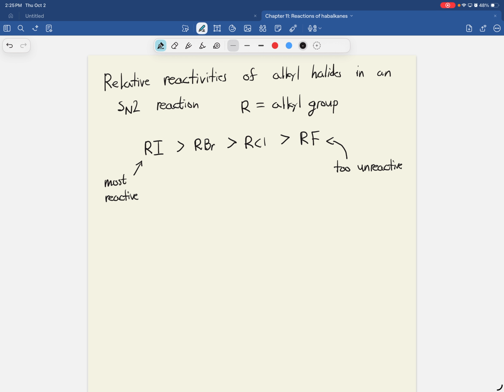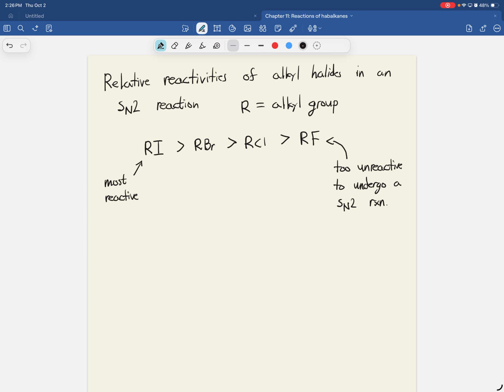Too unreactive to undergo a SN2 reaction. All right, so RF won't work. Well, maybe that's why polyfluorinated hydrocarbons tend to stick around for so long. They're unreactive with anything, and you need like microbes to try and break it down. So they're strong bonds. The CF bond, pretty strong bond, so that's why they're not very reactive there.